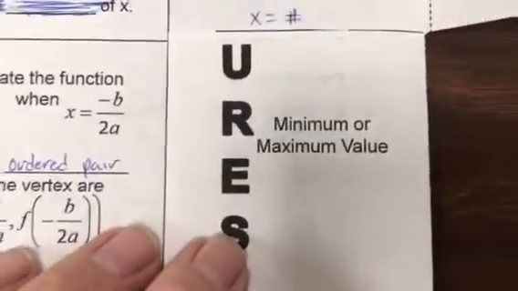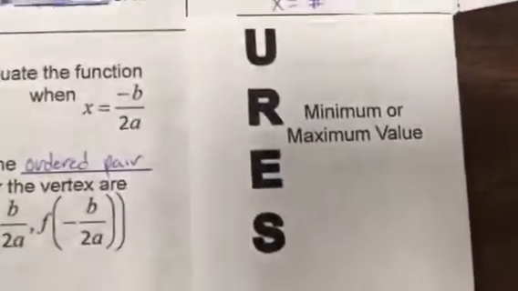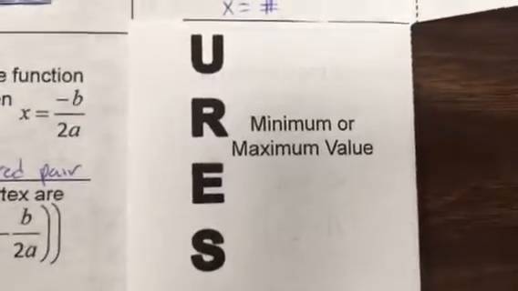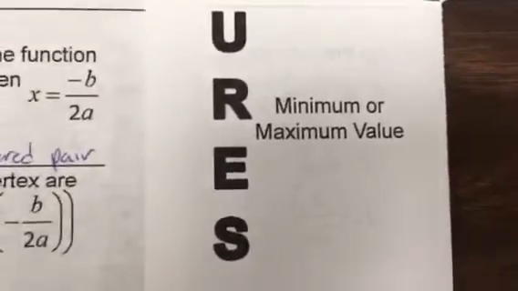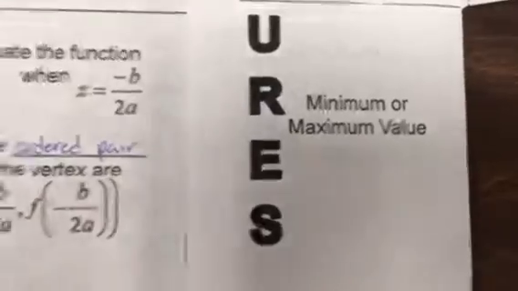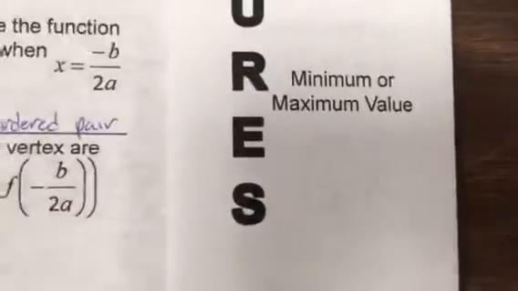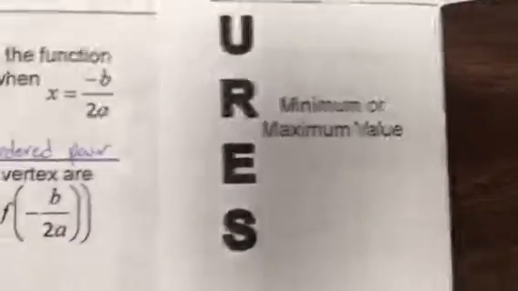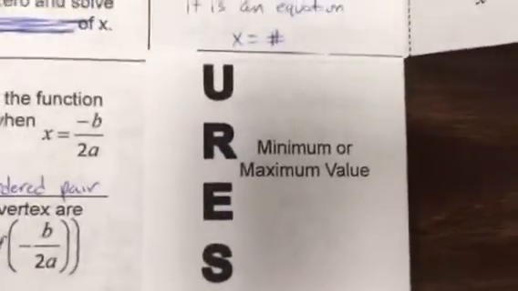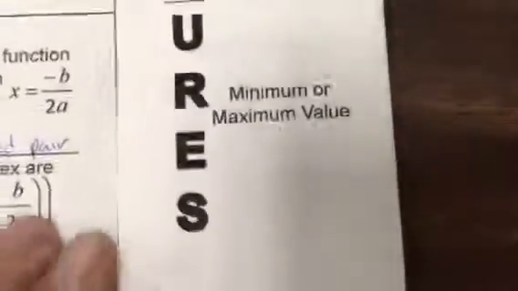And then another thing that we talk about in quadratics that we don't when we're talking about linear equations is a minimum or maximum value. Minimum would be the lowest, maximum would be the highest. So depending on which way your graph goes, it's going to determine whether you have a minimum or a maximum.